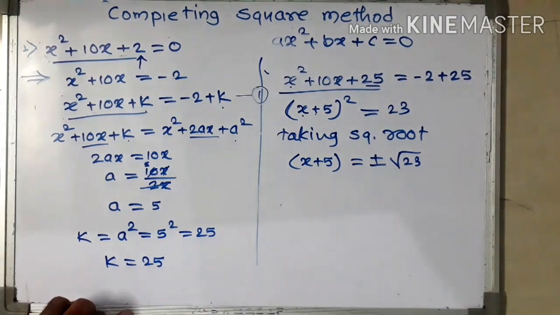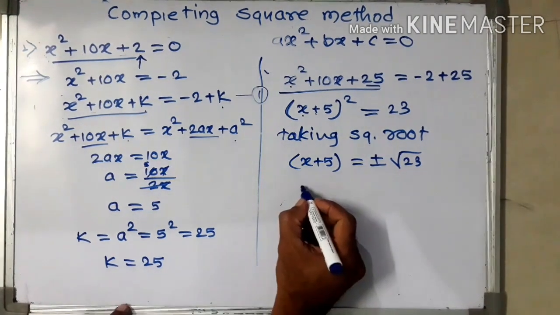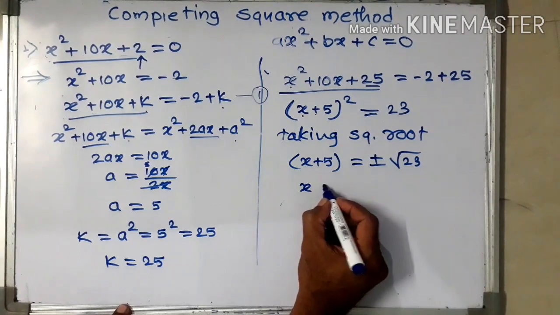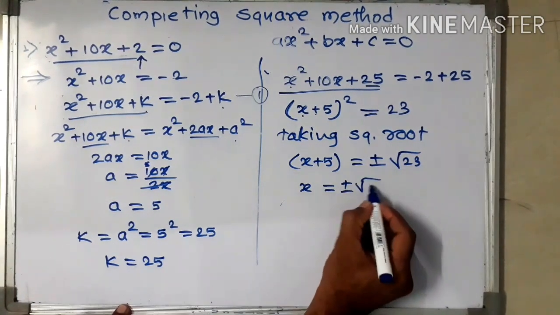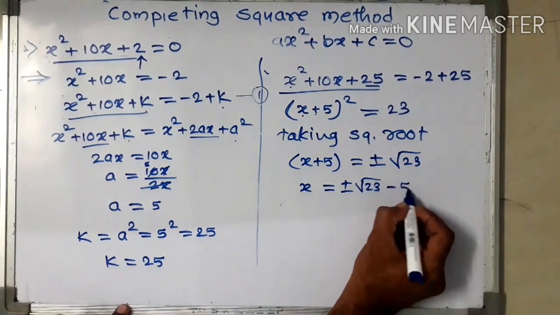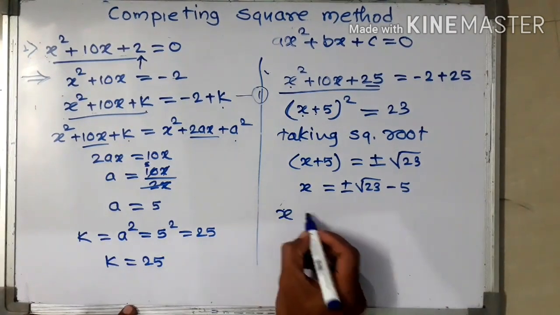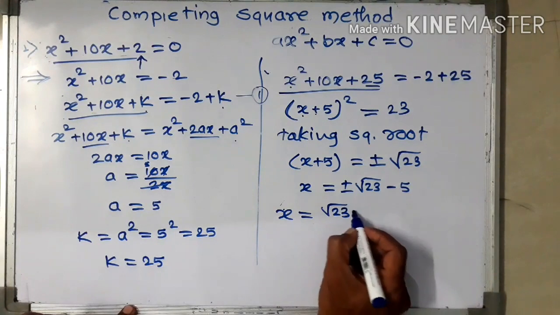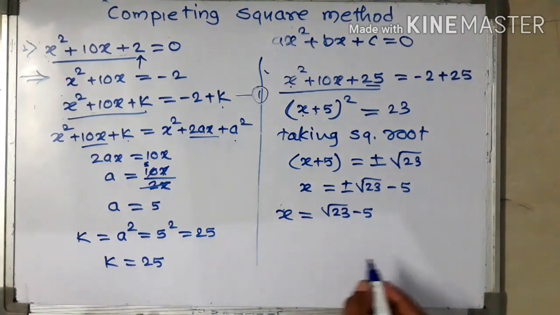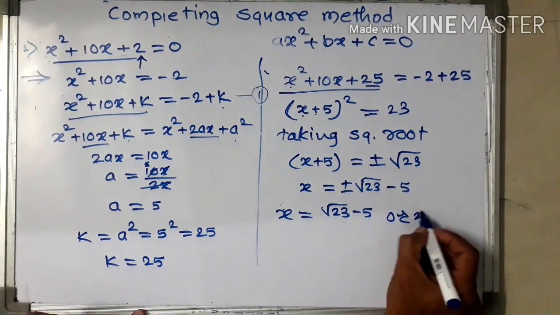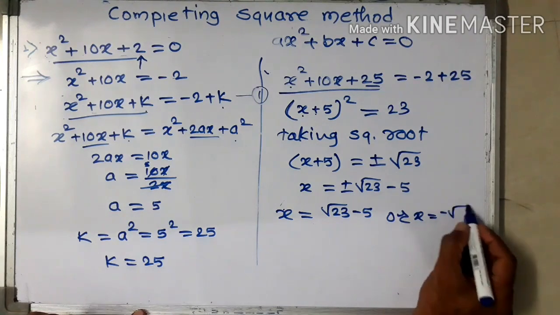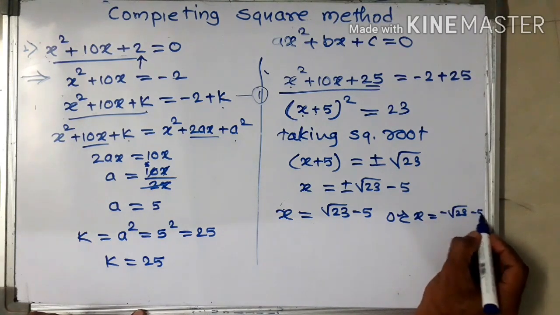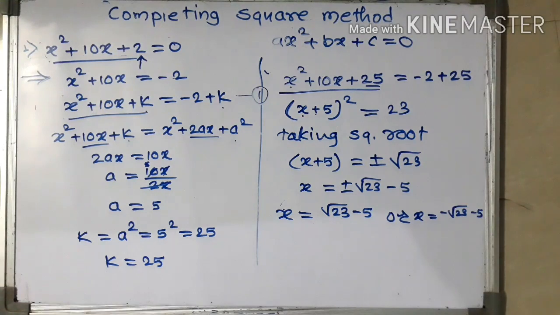Now we should find the value of x, so we can write x equals plus or minus root 23 minus 5. So we take plus root 23 minus 5 as the value of x, or x equals minus root 23 minus 5. These are the roots of that quadratic equation.